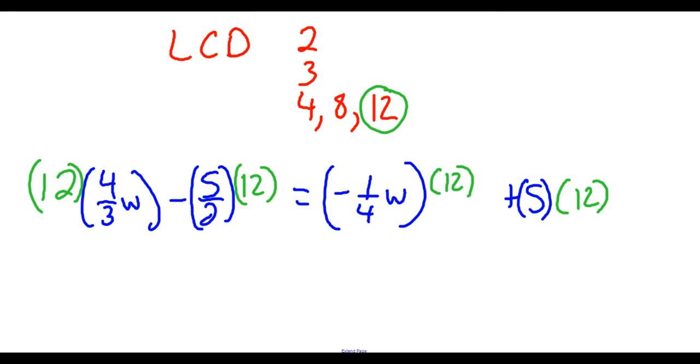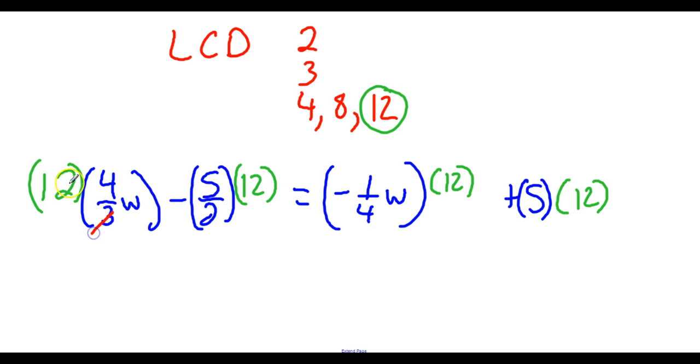Okay, so original problem in blue, least common denominator was 12. So we're going to take every single thing and multiply it by 12. And that should get rid of all the fractions so that you've only got whole numbers left to work with, and the whole numbers are always easier to work with than the fractions.